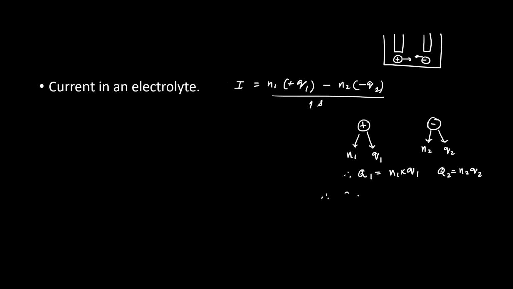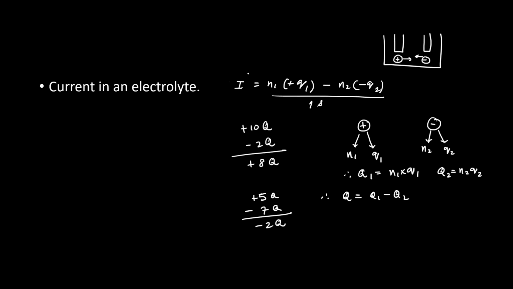Then the total charge is said to be Q1 minus Q2. The reason is that this is negative, because if you have plus 10 charge and minus 2 as negative charge, the total charge will be plus 8. In the same way, if you have plus 5 charge and minus 7 charge, the total charge will be minus 2. So this is the meaning.